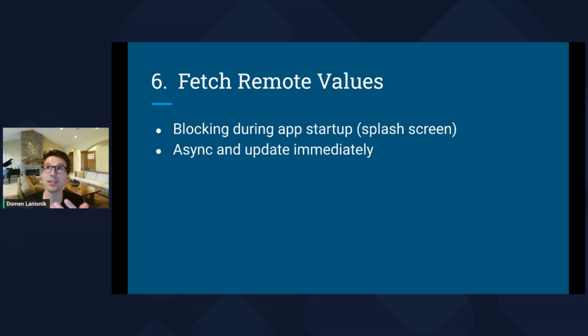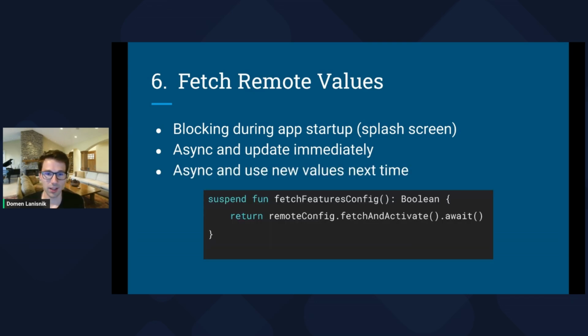This means that if we go back to the initial example with the share functionality, some users, when they open the app, might not see the share button, and then after a few seconds, it would show up. And then another option is also to fetch it in an async way and then use the new values the next time.